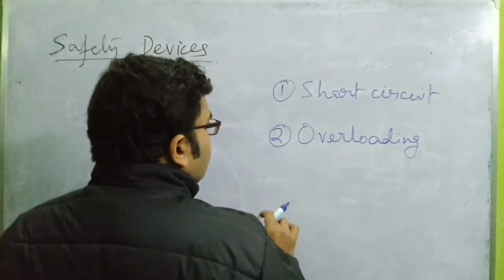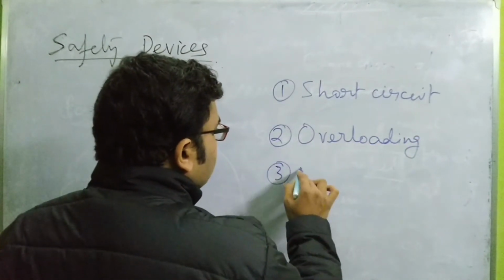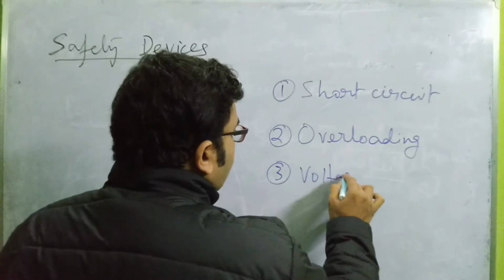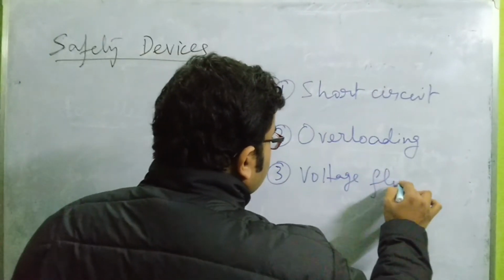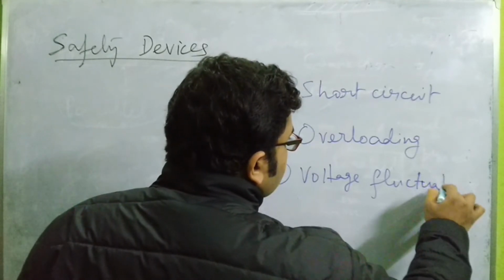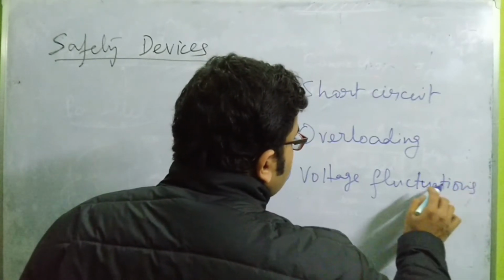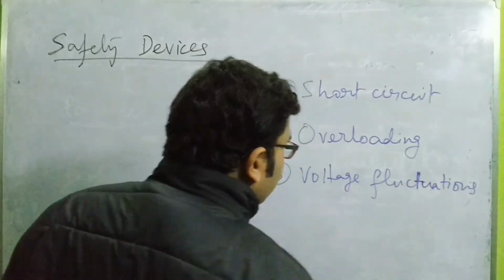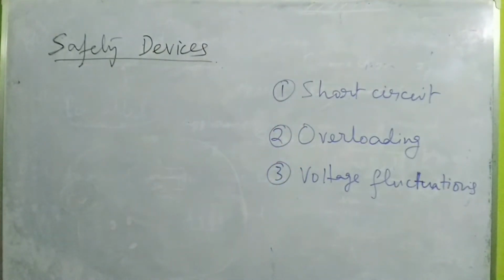Then there can be voltage fluctuations. So these are mainly the three situations in which you might want to protect your electrical appliances. So first of all, let us see what is short circuiting.